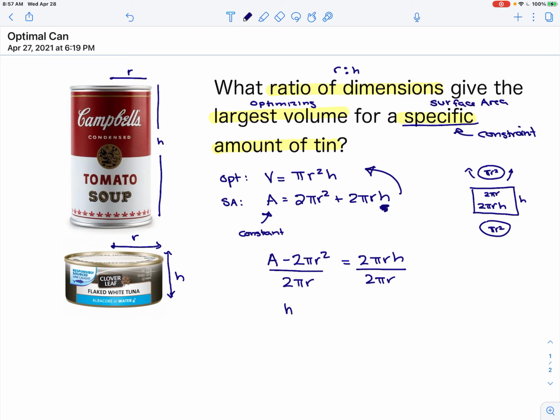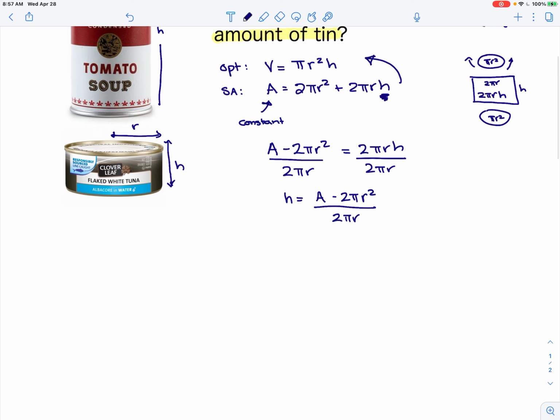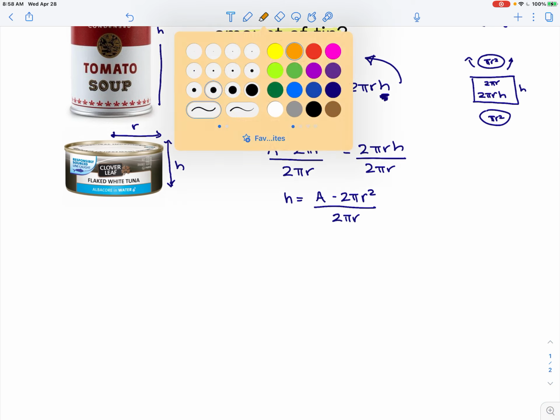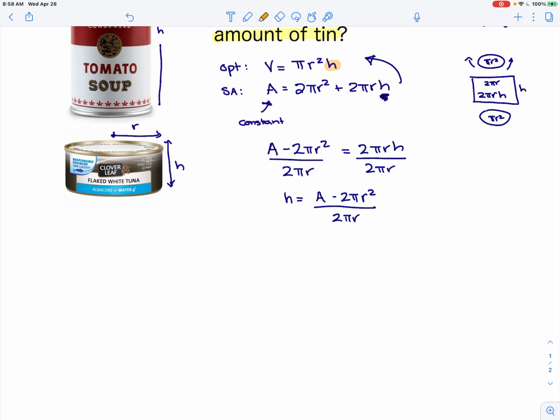Then h is equal to the specific surface area minus 2 pi r squared, all over 2 pi r. Then I'm going to put this into the volume formula, so this gets replaced with this. The volume equals pi r squared times all of this.